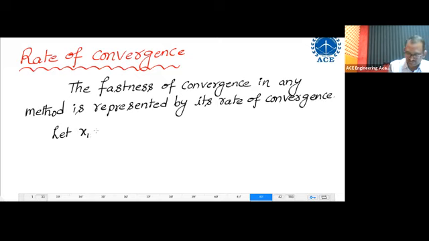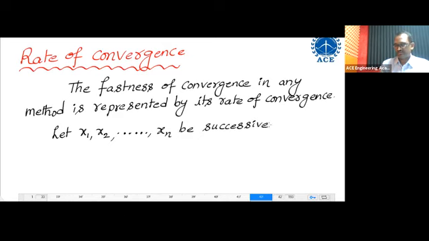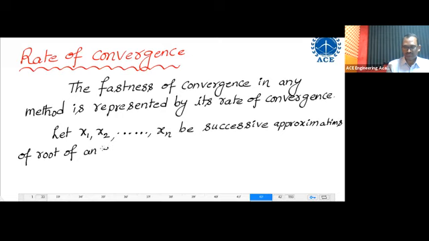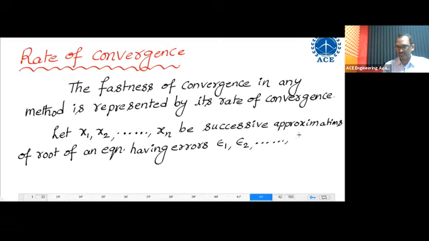Write this. Let x1, x2, and so on up to xn be successive approximations of a root of an equation, having errors epsilon 1, epsilon 2, up to epsilon n.